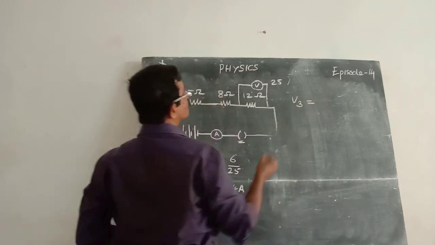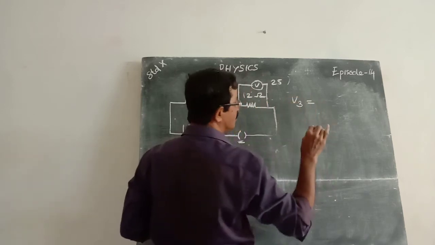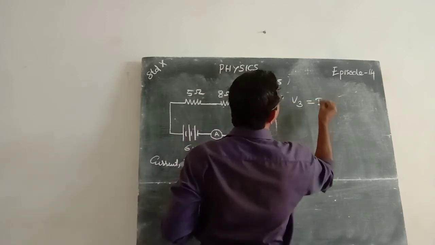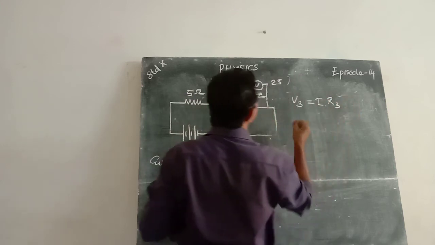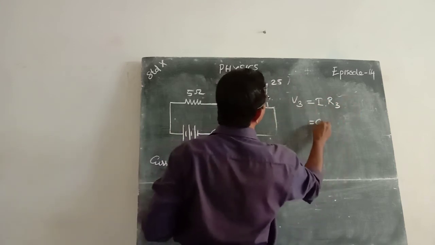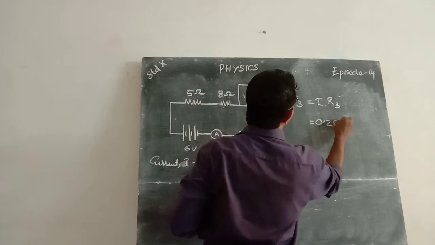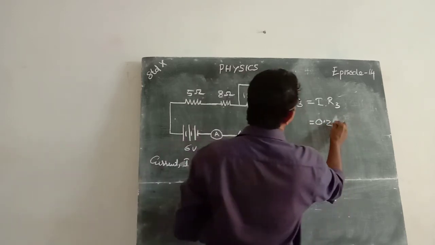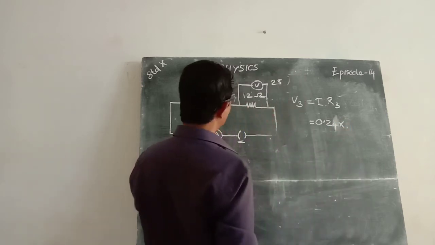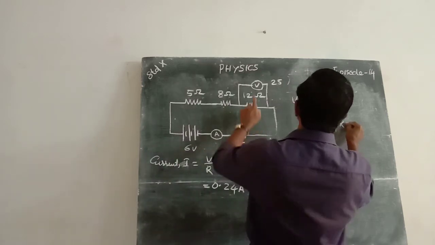V3 is equal to I into R3, since the current is the same. That is 0.24 into 12.